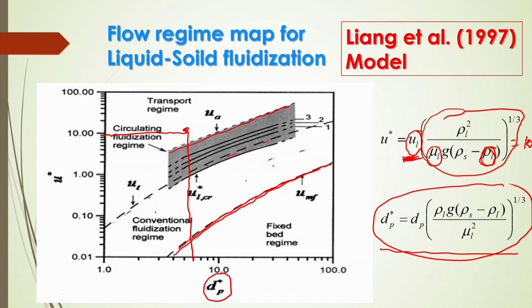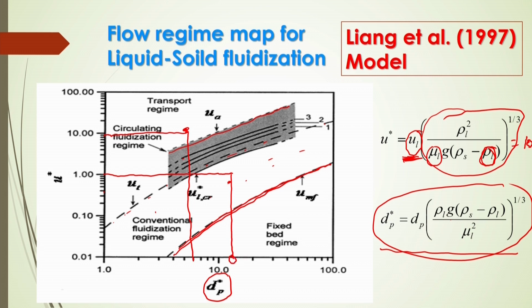Now, suppose you want to get the conventional fluidization regime with a certain liquid velocity, then what should be the particle diameter to be taken here, so that you can get the conventional fluidization regime. Now, if your liquid velocity is 1 only, that means here U star is 1, then corresponding what should be the U star here, and then UL, if it is known to you, then you can calculate the particle diameter from this value.